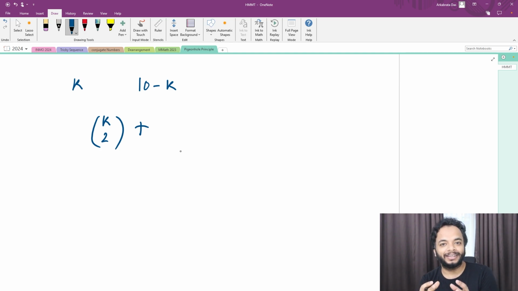Similarly, the number of pairs of questions where the student answered both incorrectly is 10 minus k choose 2.